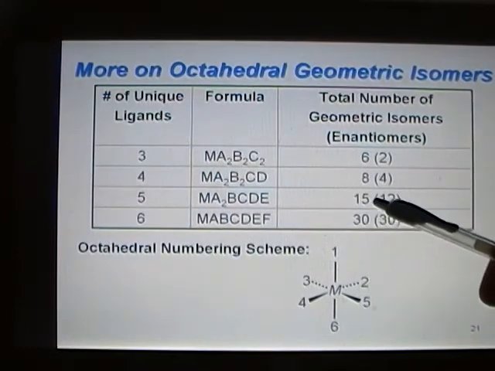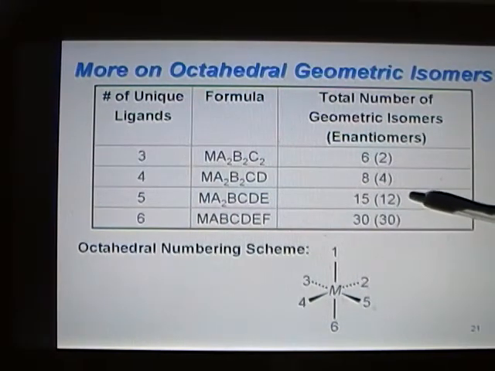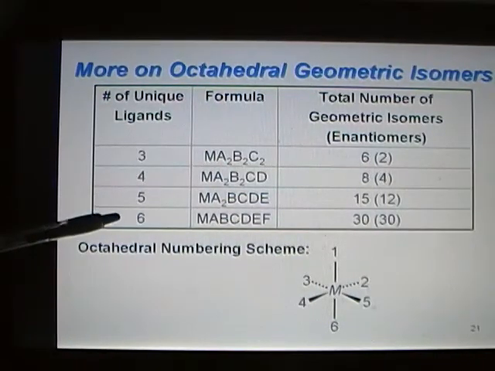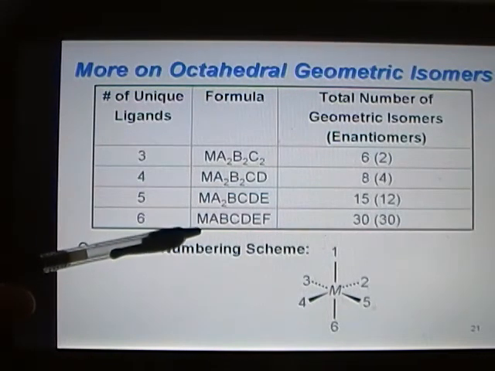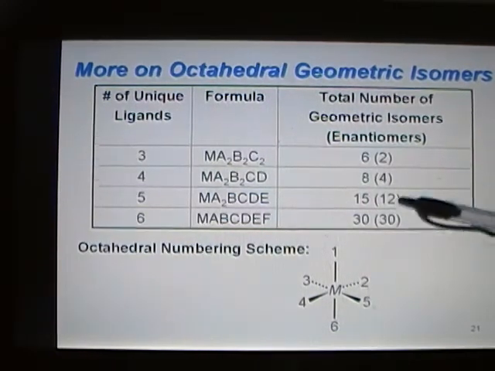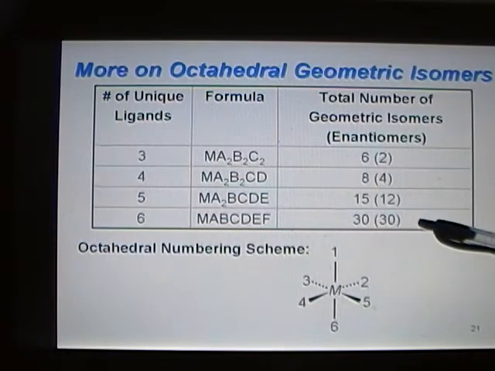That means 15 different isomers can be drawn, with 12 of them being enantiomers. And finally, if you have 6 different types of ligands, the formula would be MABCDEF, and the total number of geometric isomers that you will draw are 30, and all 30 of them are optically active.